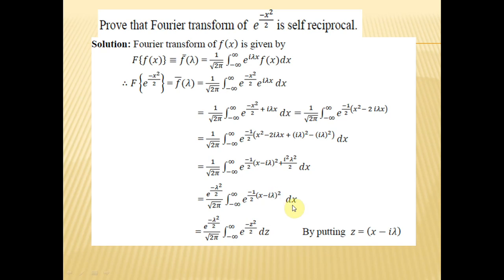Now also the integration is not very easy. So let me take this term as z. x minus i lambda is equal to z. So we could find dz becomes dx, since lambda is a constant term. So instead of dx, I could rewrite it simply as dz, and this term becomes minus z square by 2.